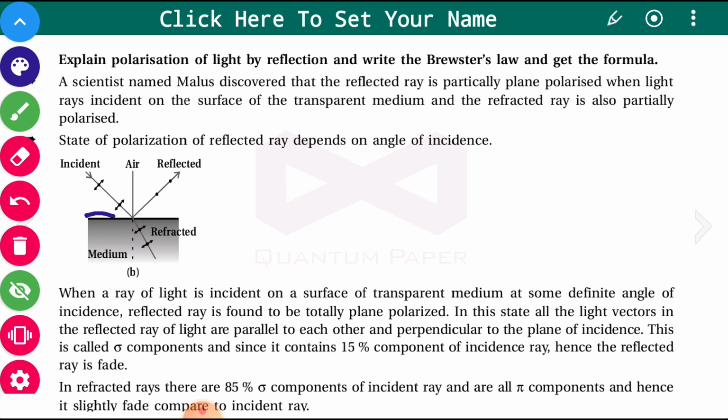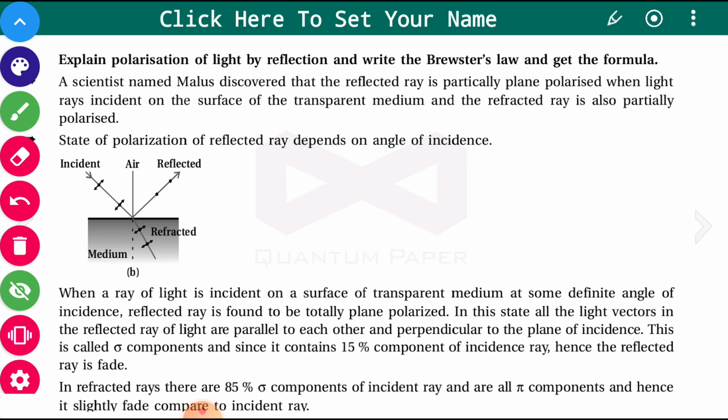The ray which is incident on this glass medium, say for example, will be the refracted ray, but some light is reflected, and this reflected light is found to be partially plane polarized. This was found by the scientist Malus.